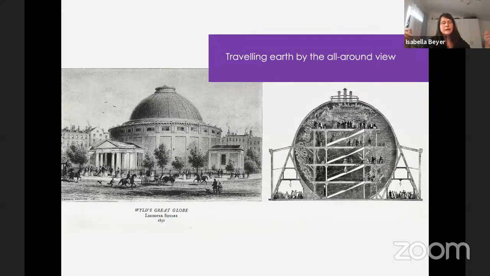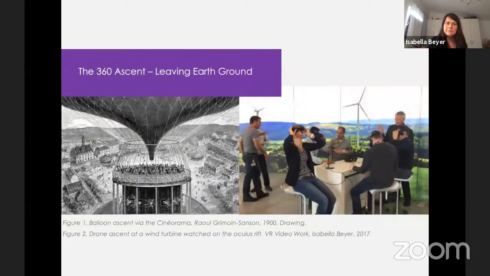He paints environments of historical moments to be experienced with that all-around eye again in these huge rotundas. So it is also a very present thing that is still happening, with huge panoramic images that he paints in these rotunda buildings.